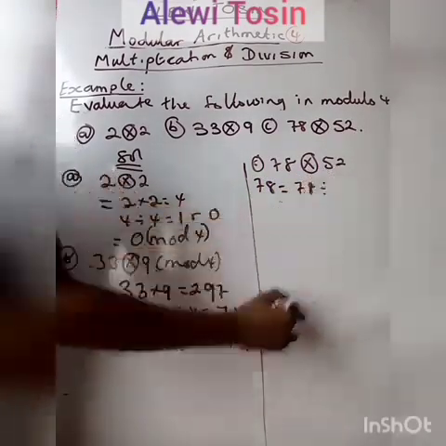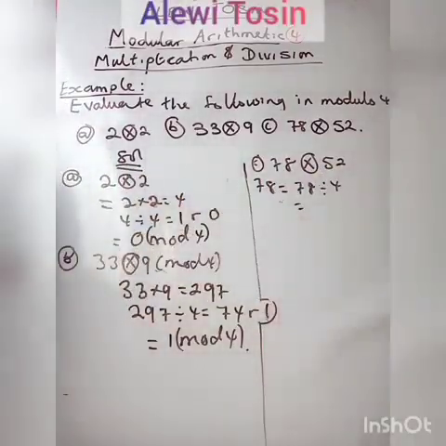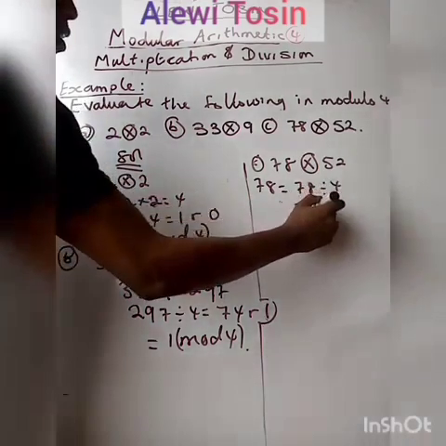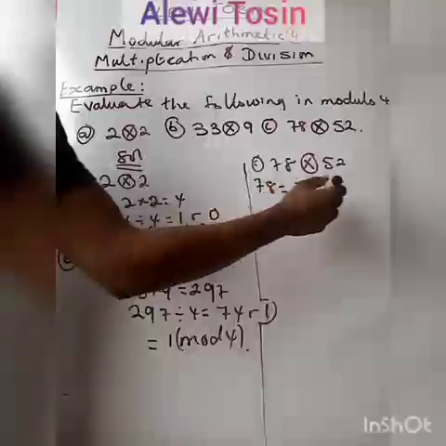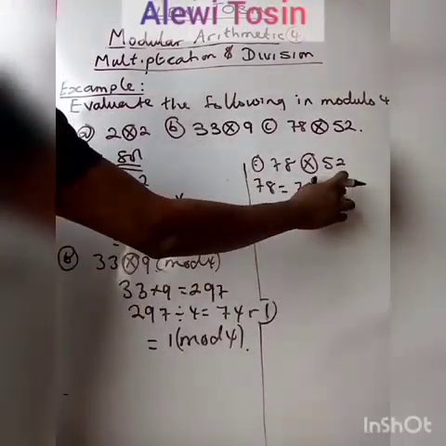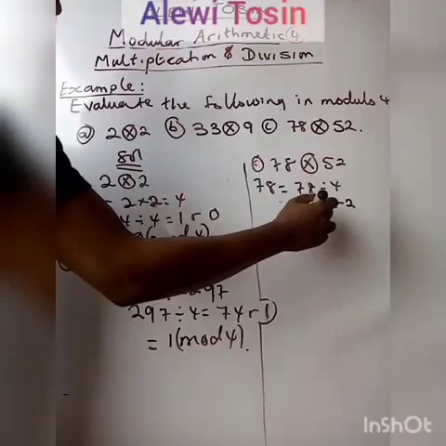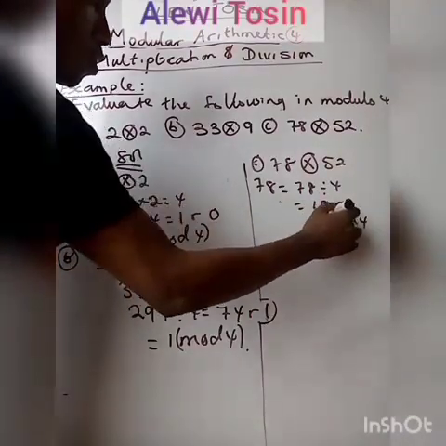78 divided by 4 will give us 19 remainder 2. So 78 in mod 4 is 2 mod 4.